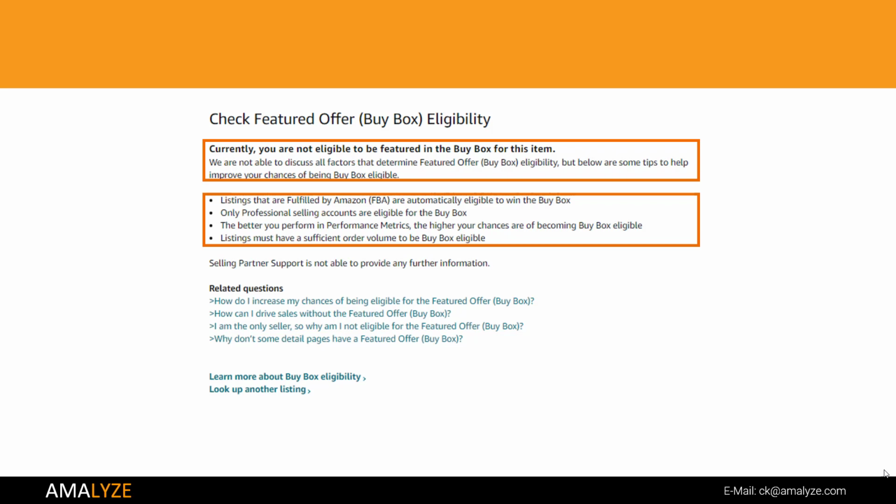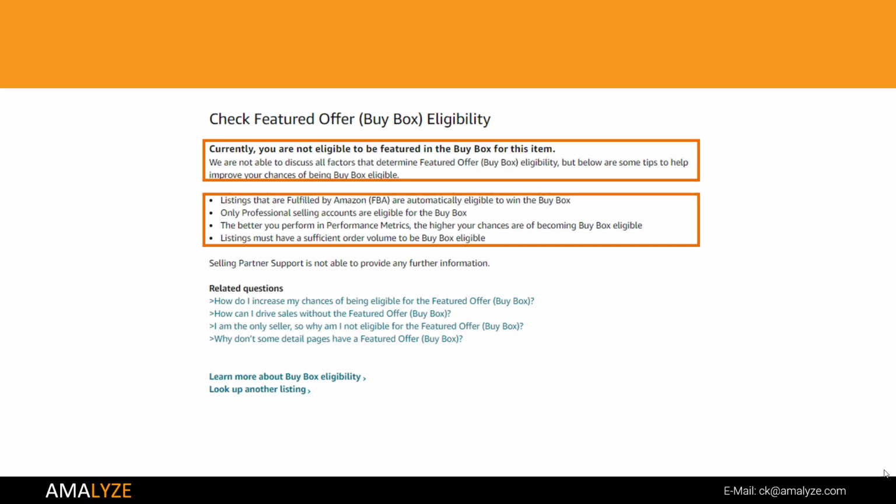That is often a topic, and that is the reason why we normally would only offer one solution and not two. Of course FBM and FBA are also in competition for the buy box. Listings that are fulfilled by Amazon are automatically eligible to win the buy box. They will not win it, okay?